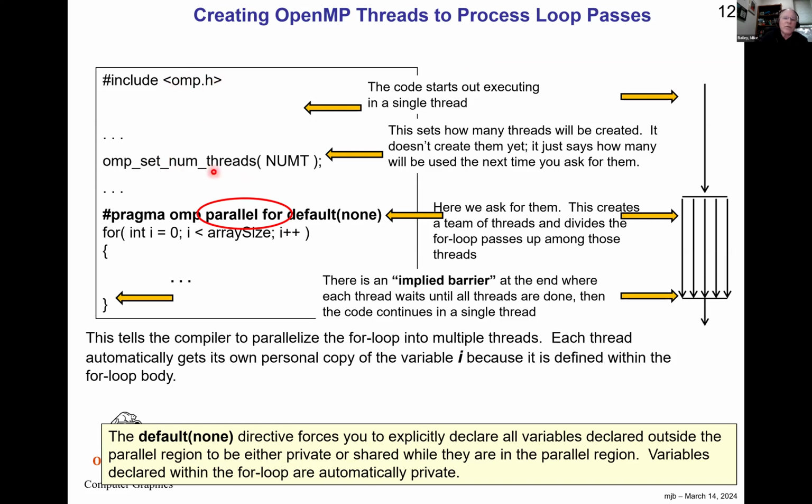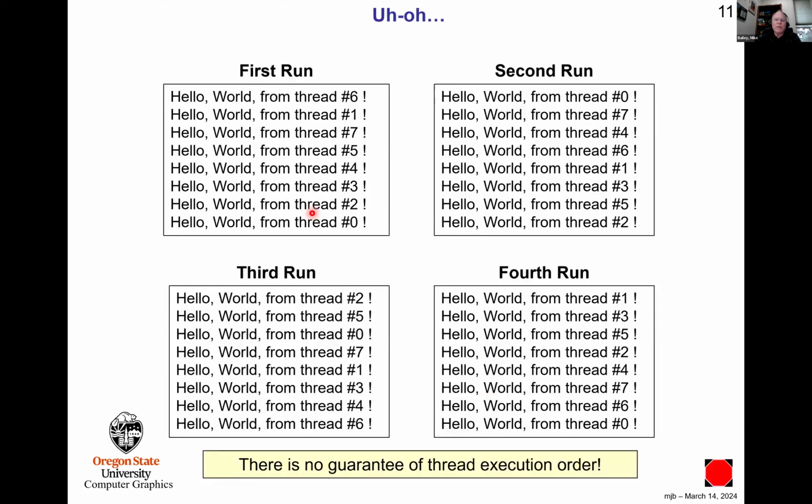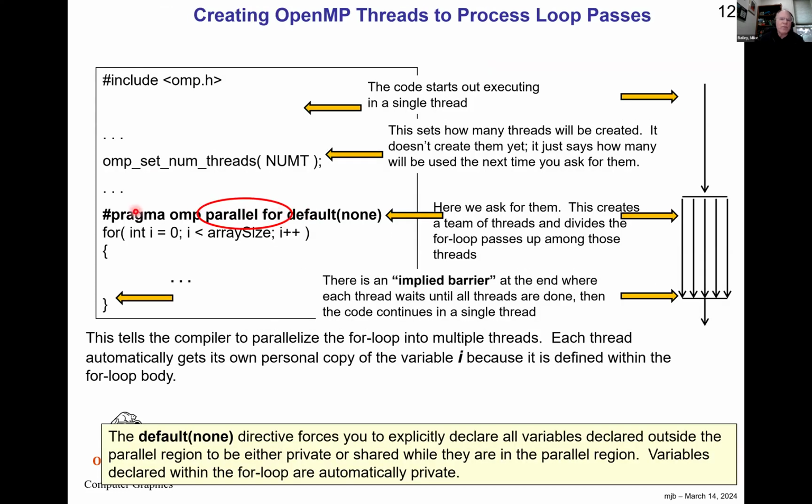We'd pound include, we'd set the number of threads to whatever we wanted it to be. And then we say pound pragma OMP parallel, just like we did back here, but we add one more word to the directive, for. Pragma OMP parallel for, and we immediately follow it up with a for statement.